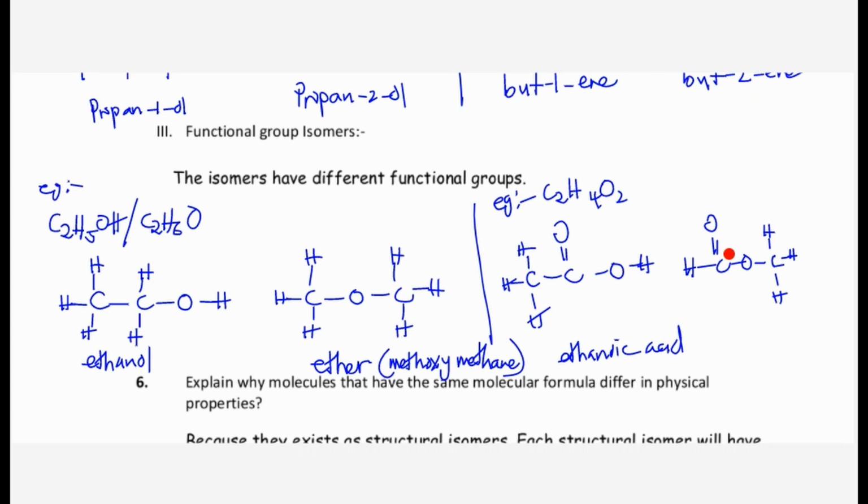This is methyl methanoate. So you can see here, this is an ester, and this is ethanoic acid, which is a carboxylic acid. So these are the molecules where the functional group itself differs. They are referred to as functional group structural isomers. So in functional group isomers, the functional group itself will differ. Please copy these examples.